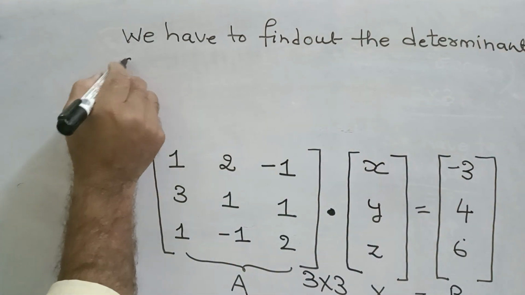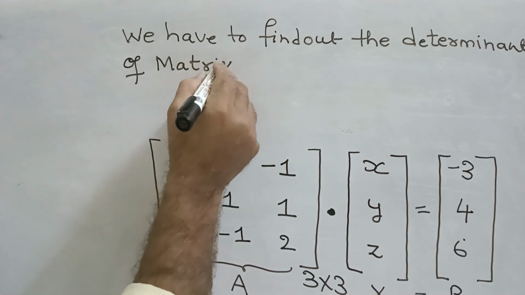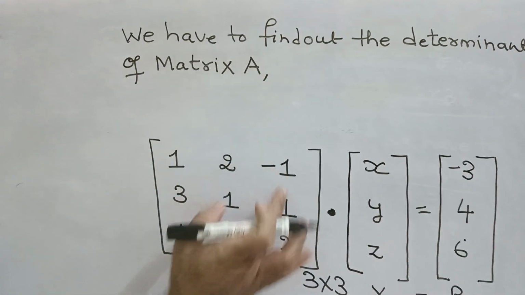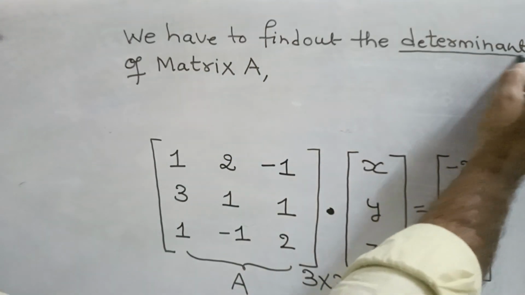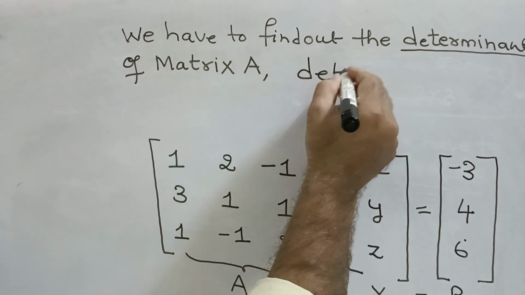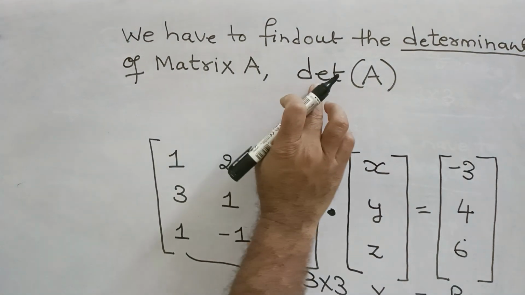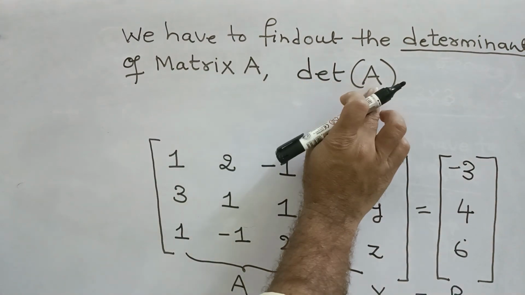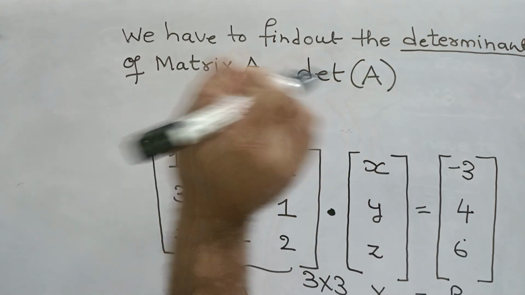Determinant of matrix A. Nothing but this is the entire A. For this we have to find out the determinant, which is denoted by det A. This can be called det A or determinant A, or in short it can be written as det A. That is called determinant of A.